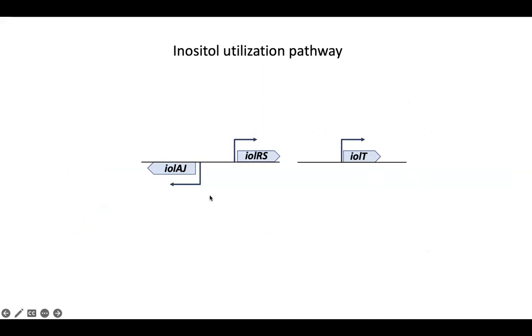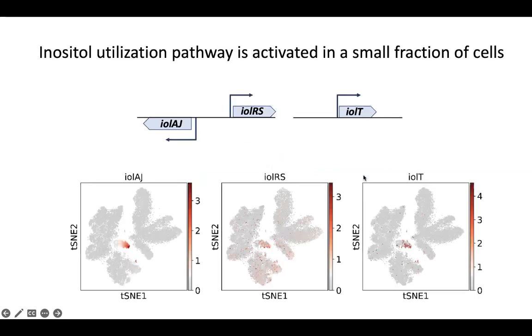It contains 3 operons. iolAJ contains the actual catabolic genes for the breakdown of inositol, iolR is a repressor of this network, and then iolT is an inositol transporter. And we can see indeed that iolAJ is active in cluster 9, really almost nowhere else. iolR is more or less widespread, and iolT is also more or less active in this cluster 9.